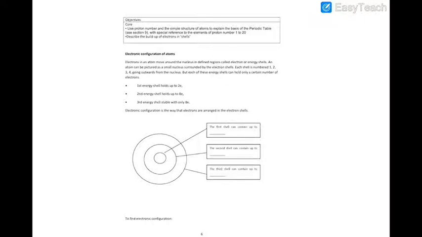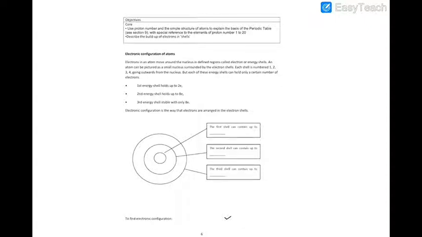Just like we discussed previously, electrons are going to be arranged in electron shells, and each electron shell is numbered accordingly: 1, 2, 3, 4, etc. And each electron shell can hold a specific number of electrons. The first electron shell will hold up to 2 electrons only.